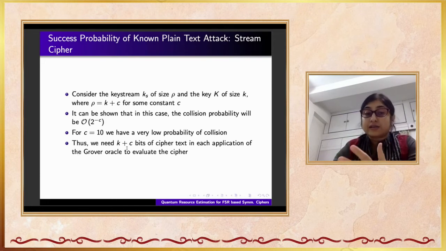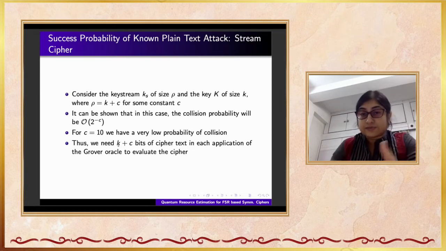Thus, here we need k plus c many bits of cipher to mount the Grover, whereas in the case of a block cipher, we need 2k. So here it is order of k, but in the case of a block cipher, we need 2k. So this is the difference. In the case of a stream cipher, we are getting an advantage to mount Grover.